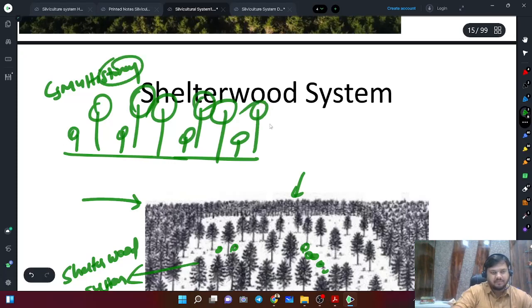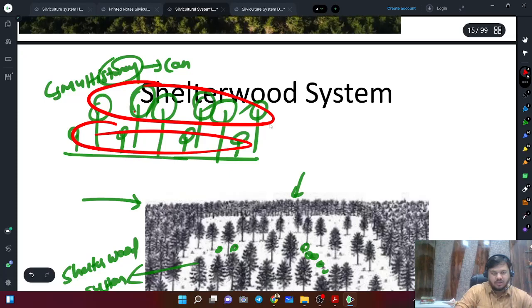Multiple story means multiple canopy, right? This is the first layer of canopy, this is the second layer of canopy. They will cut this layer first, then that layer. Something like that. So a lot of systems developed, right?